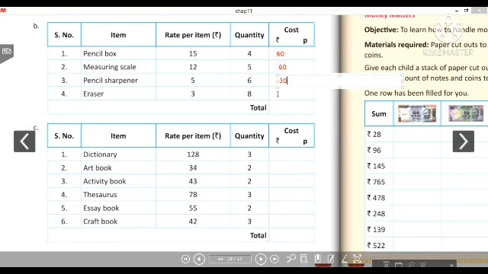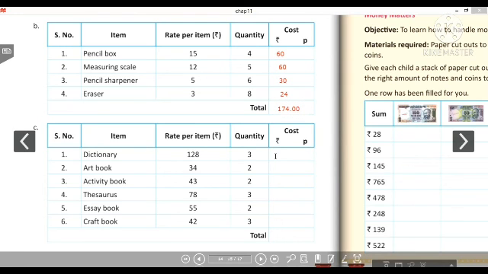And 3 multiplied by 8 we will get 24. So finally what we are going to do, we are going to add all these up. So 60 and 60, 120 plus 54 is equal to 174. So the total cost or the total amount is 174 rupees 0.00 paise.